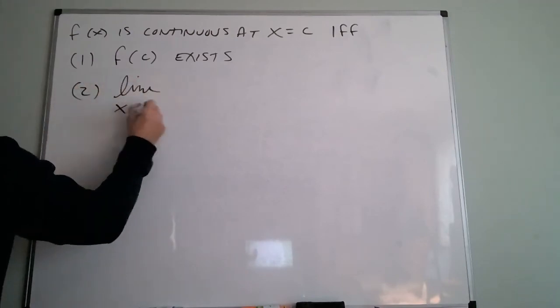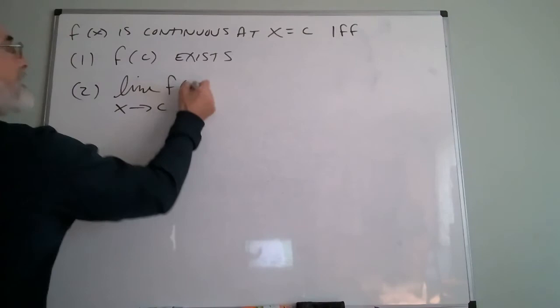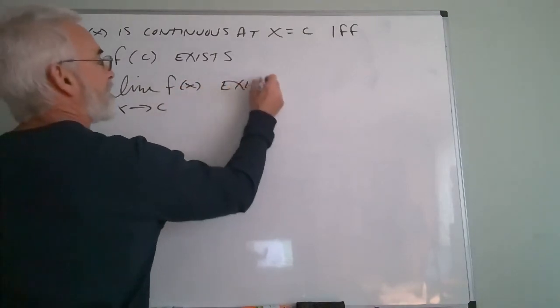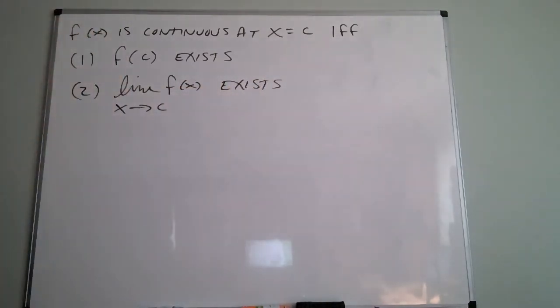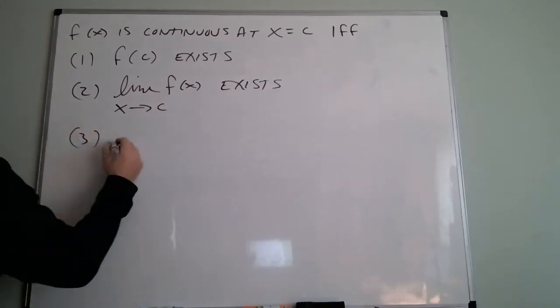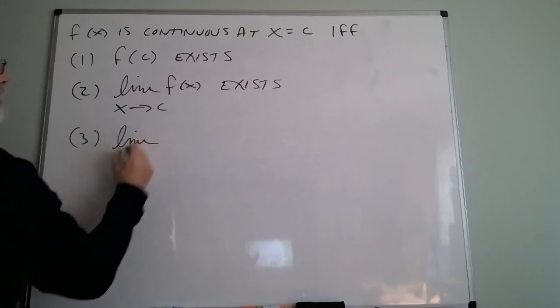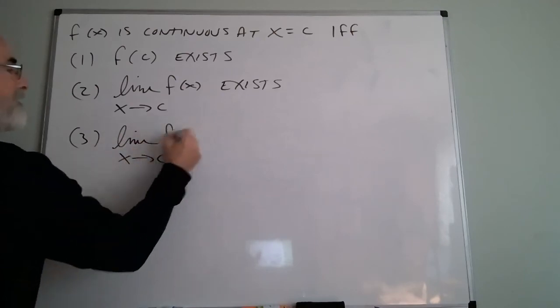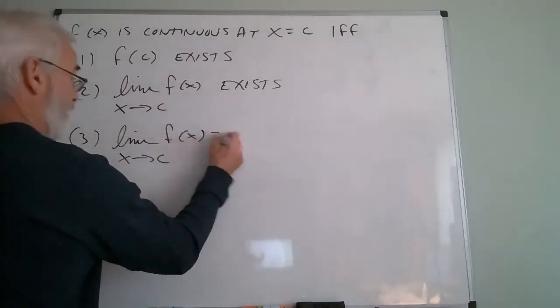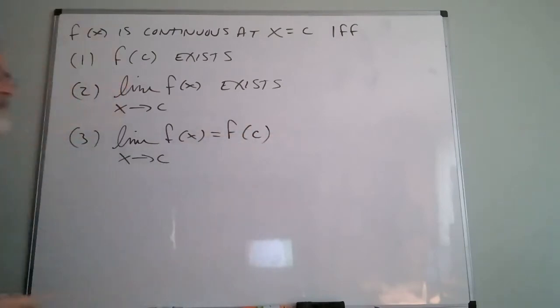The limit as x approaches c of f of x exists. So the limit actually has to be there. And the third case, the limit as x approaches c of f of x must actually equal f of c.